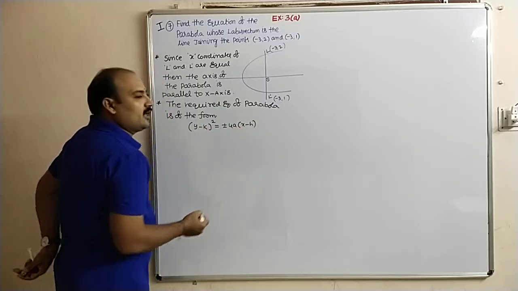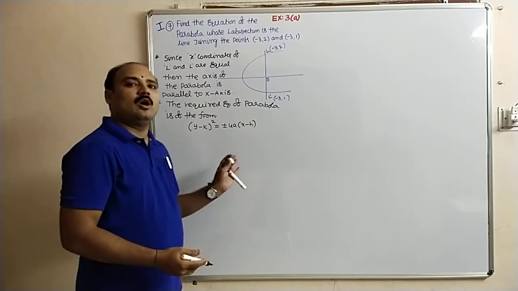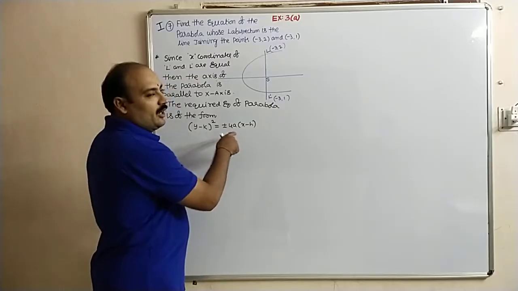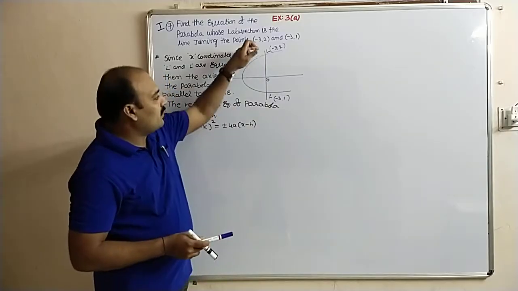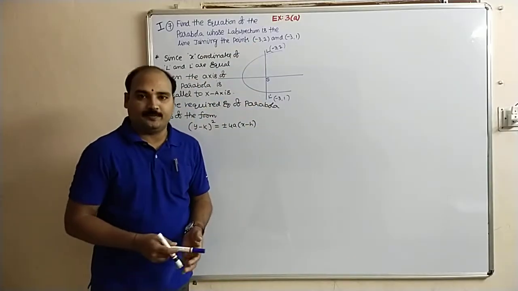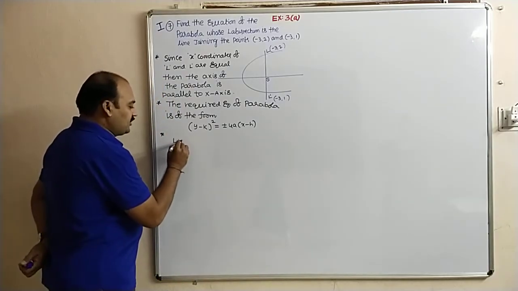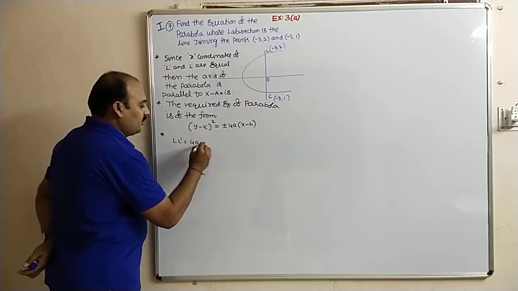We don't know exactly whether it is right side parabola or left side parabola, but we know the value of 4a. Why? Because length of latus rectum L L dash is equal to 4a.